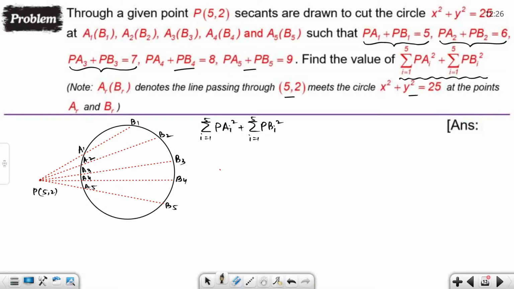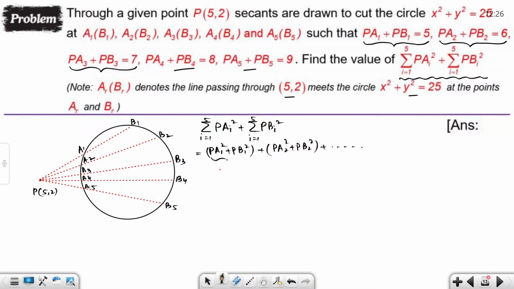Only this much is given to us. Okay. Now, let us see this. If I expand this sigma, we are going to have PA1 square plus PB1 square, PA2 square plus PB2 square. Similarly for the other ones, I'm not writing.